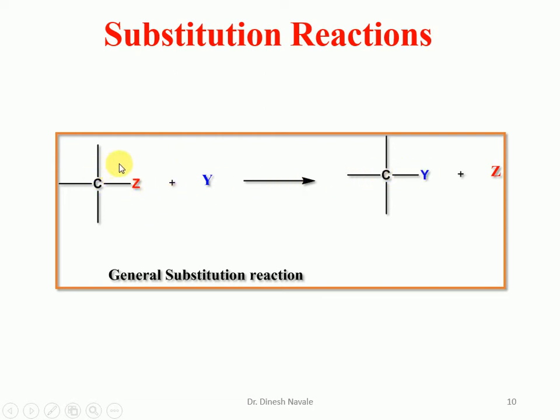That means the sigma bond between carbon and Z breaks, and another sigma bond forms between carbon and Y at the same carbon atom. Overall, Y substitutes Z. That is why it is called a substitution reaction, in which Z can be any leaving group and Y can be any nucleophile.